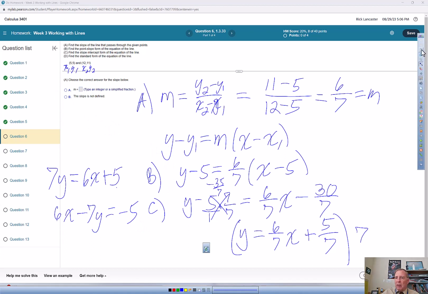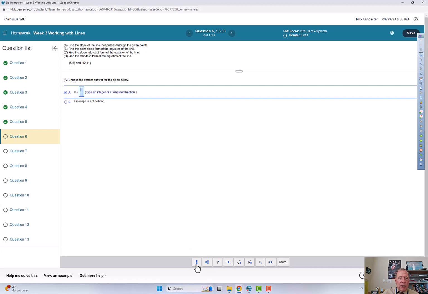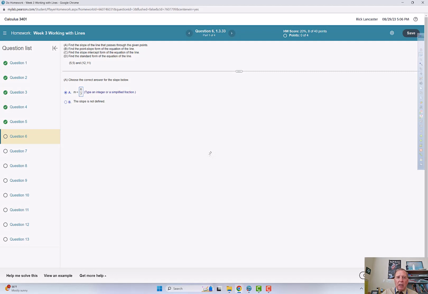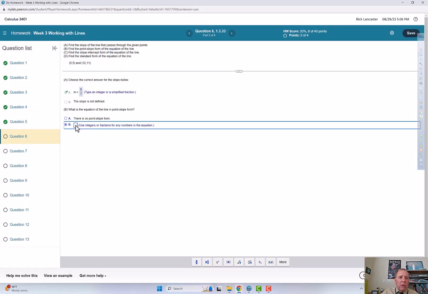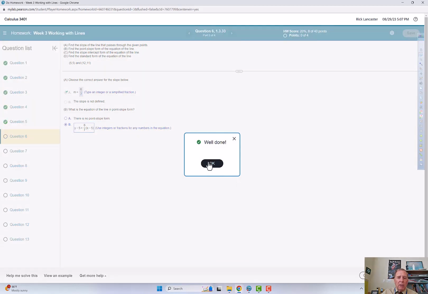So we'll go put all of those in. So this is going to be the fraction 6 over 7. Check answer, fantastic. And then point slope form is going to be y minus 5 equals the fraction 6 over 7, then get out of the fraction, then parenthesis, x minus 5, close that parenthesis, check answer, well done.